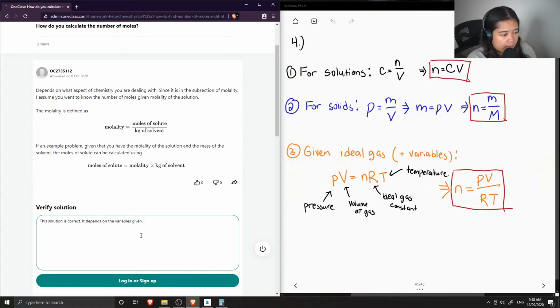Given number of moles can equal concentration of solution times volume of solution.